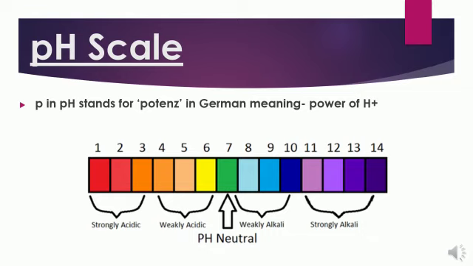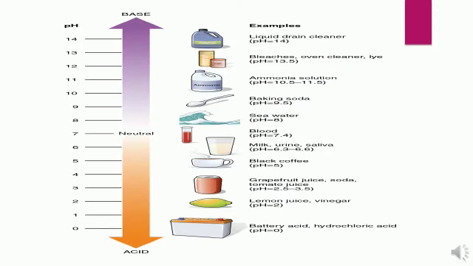That is the reason pH is inversely proportional to hydrogen ions. Let us see with examples.